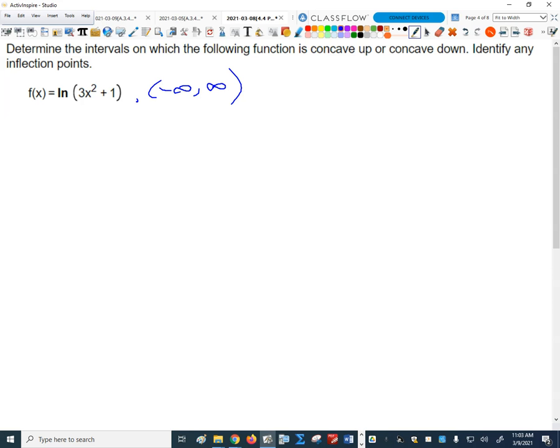Just type your answer in chat. What's the verdict? Everybody weigh in on the symmetry.